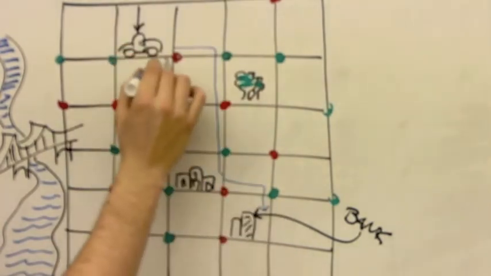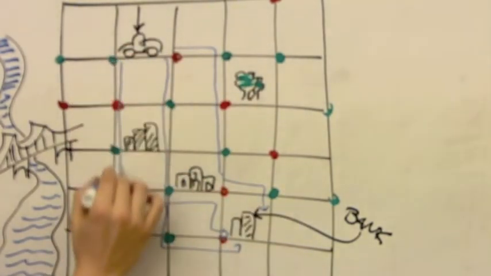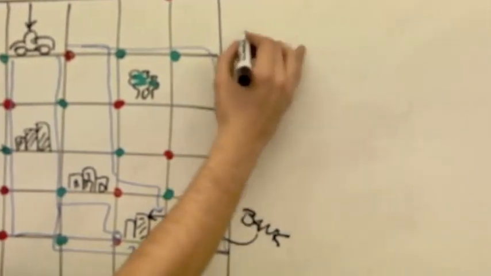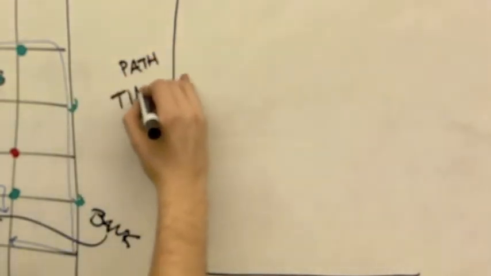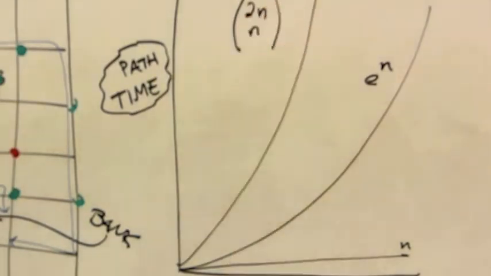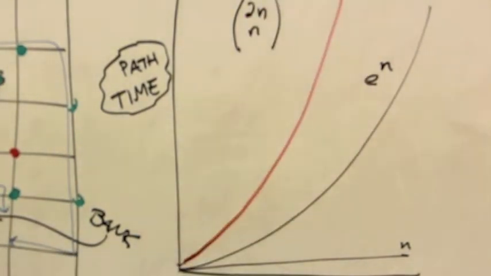You could use a simulation to check all the paths, except that the number of paths increases really fast with the size of the grid. In fact, for just considering monotonic paths, so no loops, no going backwards, the number of paths you would have to check increases as 2n choose n, which is actually faster than exponentially.